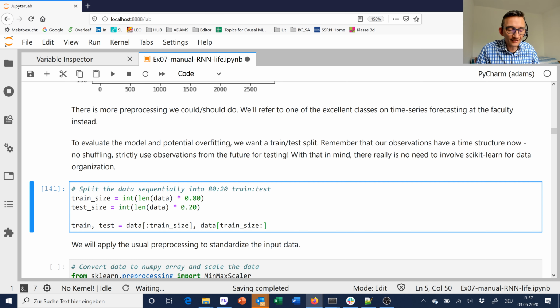And here you see that the way Python indexing works is quite convenient, that we don't have to add anything here at this point. By going to the largest index minus 1, so this observation here, which was this 2,200 something, it will not be part in the training set, but it will be part in the test set. So my code looks clean and nice. That's what I'm saying.